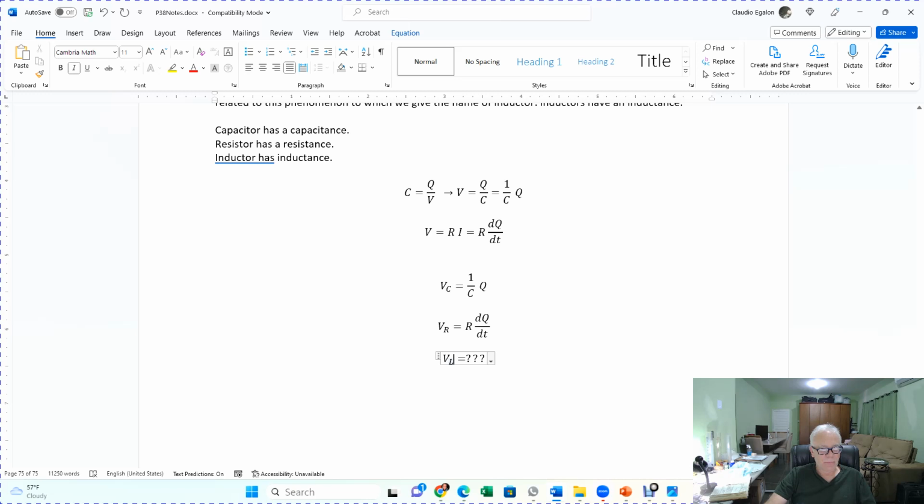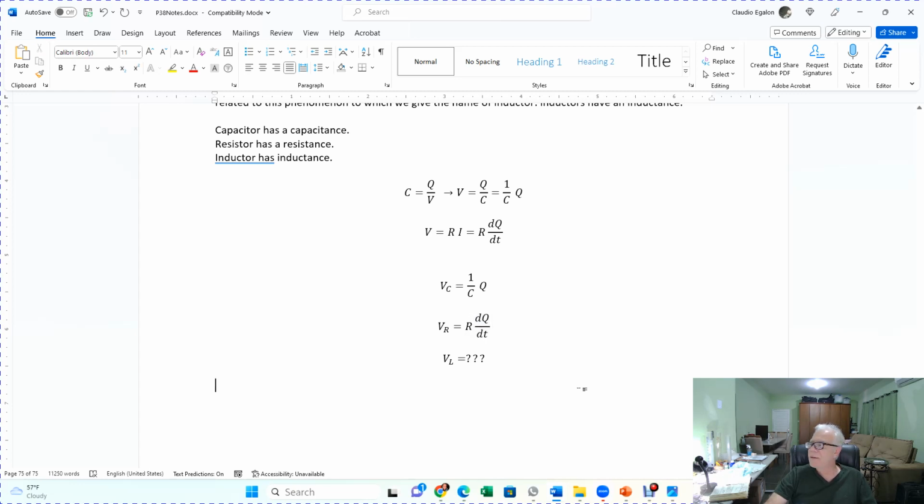But before we get in there, again, notice we have something here that's related to the geometrical parameters of the device times an electric charge. Here too, we relate a quantity that's related to geometrical parameters of the resistor, right? The area, the length, plus the intrinsic property of the device, times, not a Q, but a dq dt.